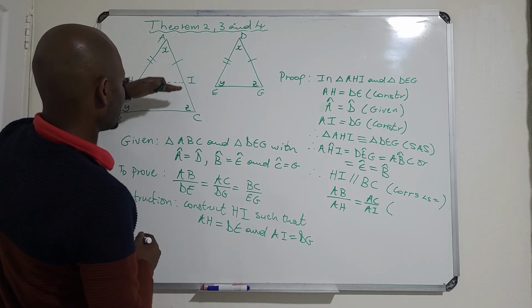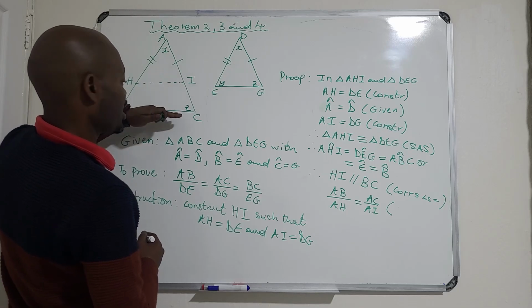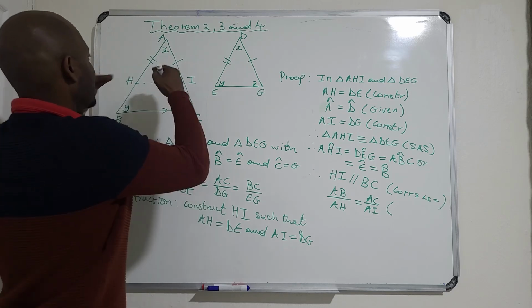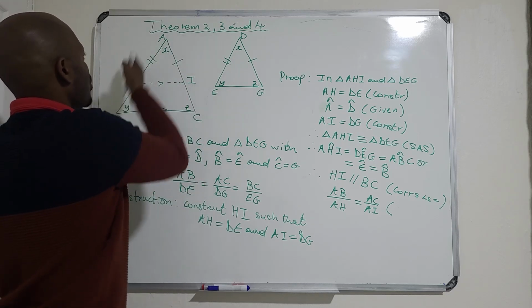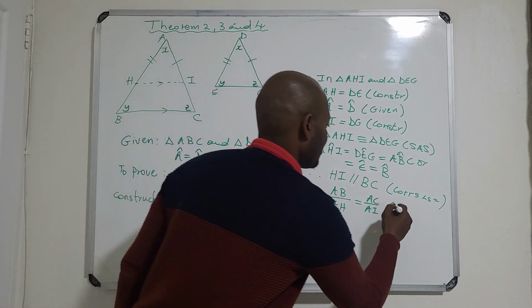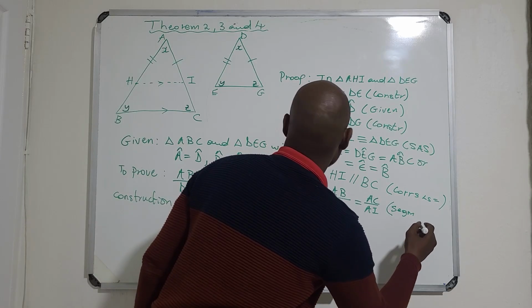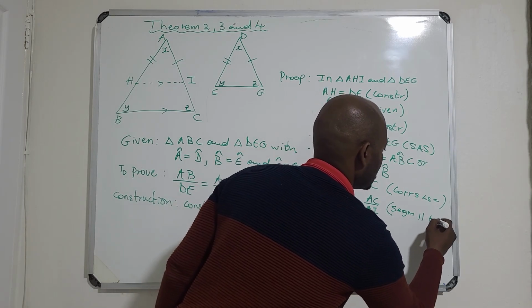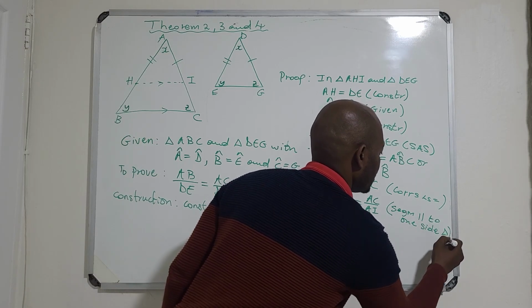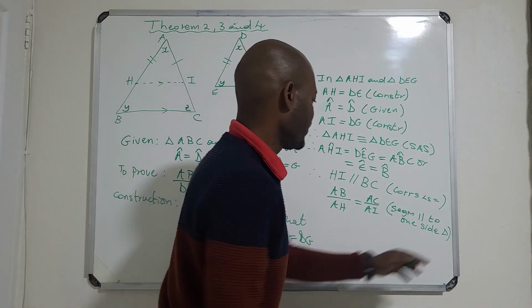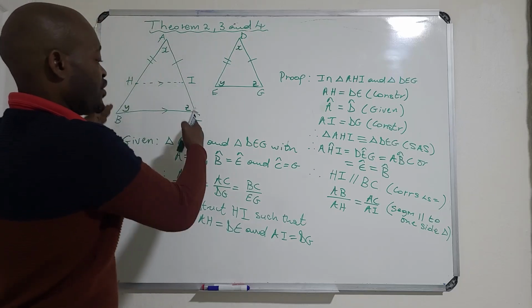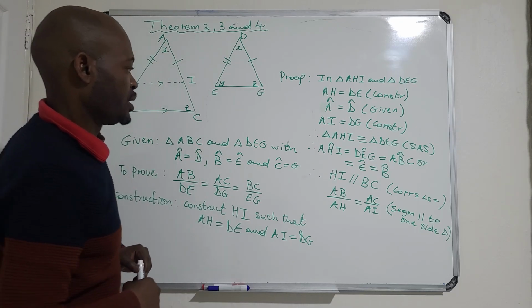If a line is parallel to one side of a triangle, then it divides the other two sides in the same proportion.